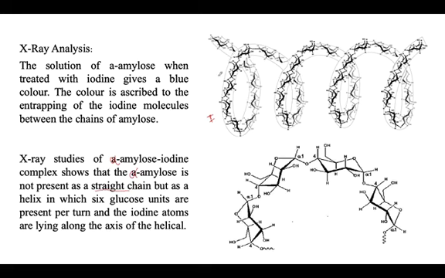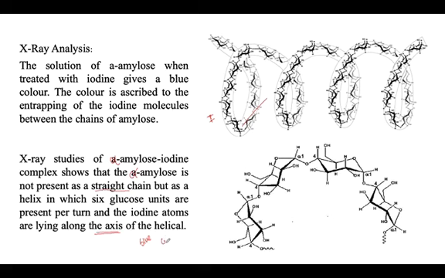DNA is a double stranded helix, this is a single stranded helix, and the iodine lies along the axis of the helix. This entrapping of the iodine within the helix, as I said an adsorptive property, gives it a blue color.